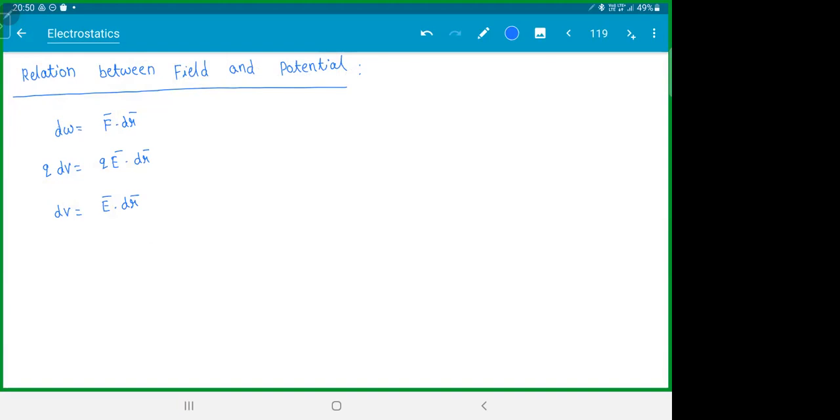So dv is E dot dr. So we have two forms in this. This is actually a minus sign.